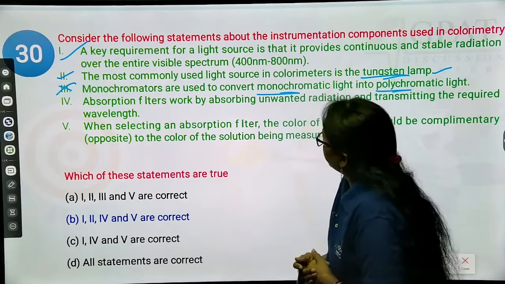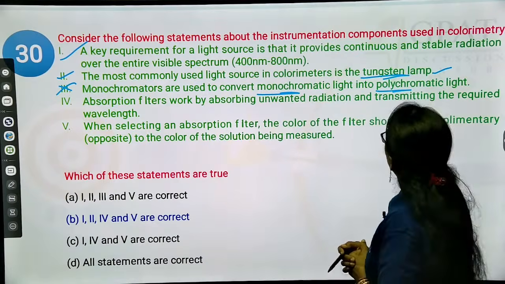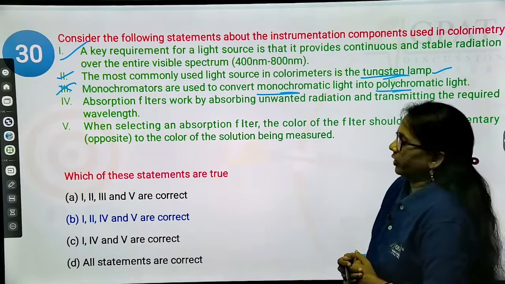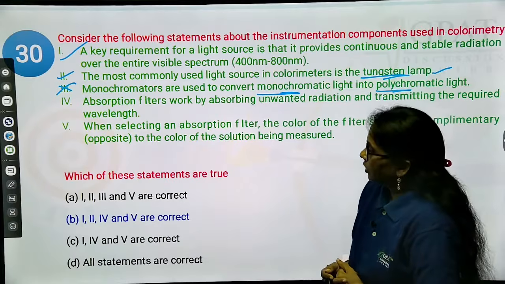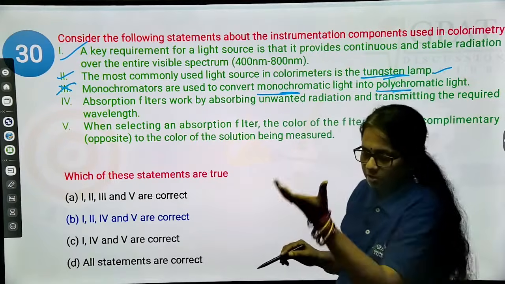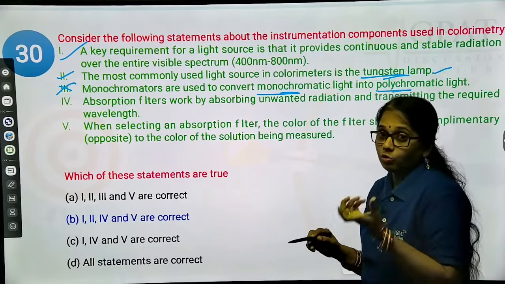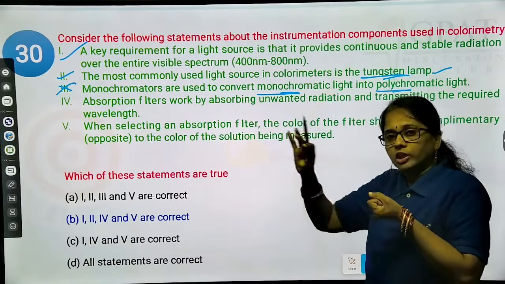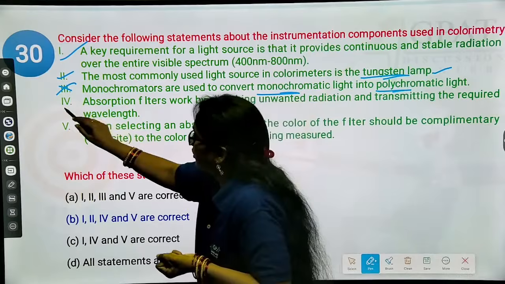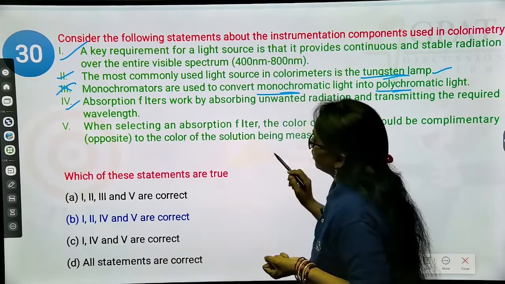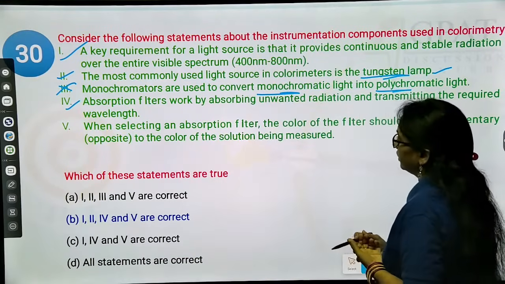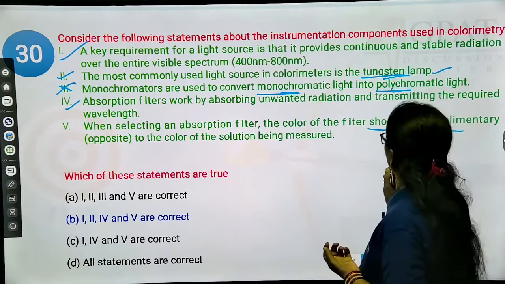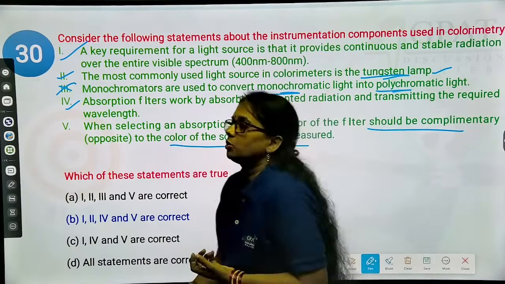Absorption filters work by absorbing unwanted radiation and transmitting the required wavelength. So absorption filters absorb the unwanted radiation and allow the required wavelength. This is also the right one. Next, when selecting an absorption filter, the color of the filter should be complementary to the color of the solution being used.